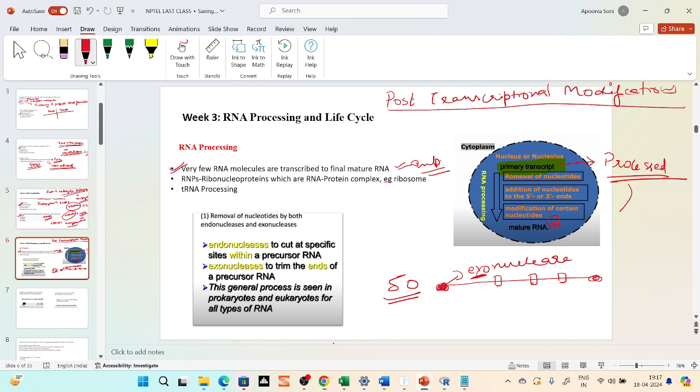The nucleotides removed from the inside are removed by endonucleases, which means inside. This is a general process seen in both prokaryotic and eukaryotic RNA. Endo means enzymes that cut inside the RNA, and exo means enzymes that cut from outside the RNA.